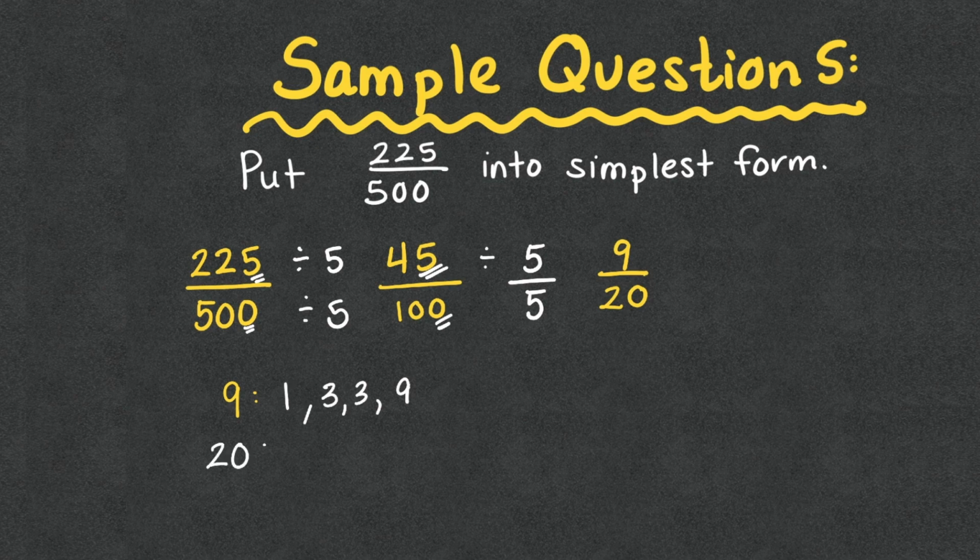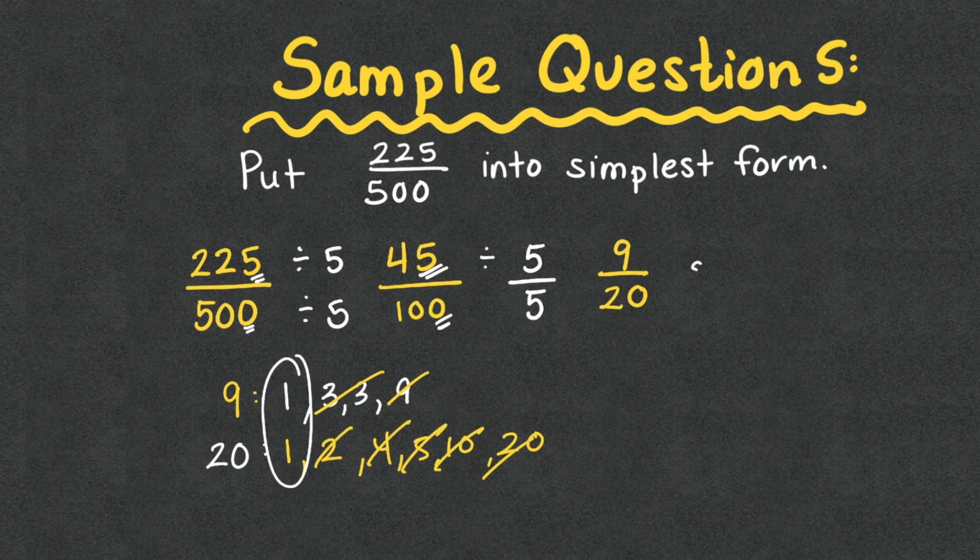For 20, I have 1 times 20, 2 times 10, and 4 times 5. So there's no 9, no 3s, no 20, no 10, no 5, no 4, no 2. So because 1 is the greatest common factor, this is going to be simplest form.